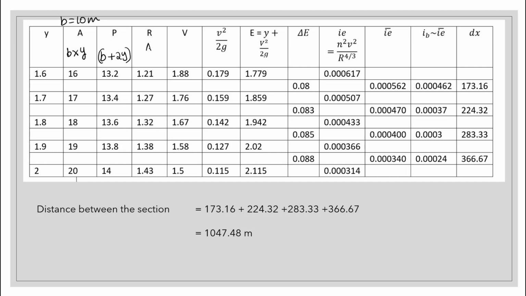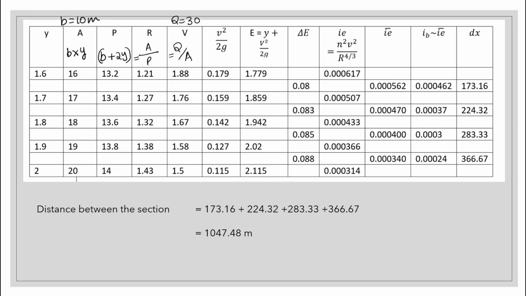Now hydraulic radius is A by P. Dividing 16 by 13.2 gives the answer 1.21. So that is the hydraulic radius. For calculating velocity, we can obtain velocity by dividing discharge by the area. Discharge Q is given as 30 meter cube per second. So 30 divided by 16 will give you 1.88.